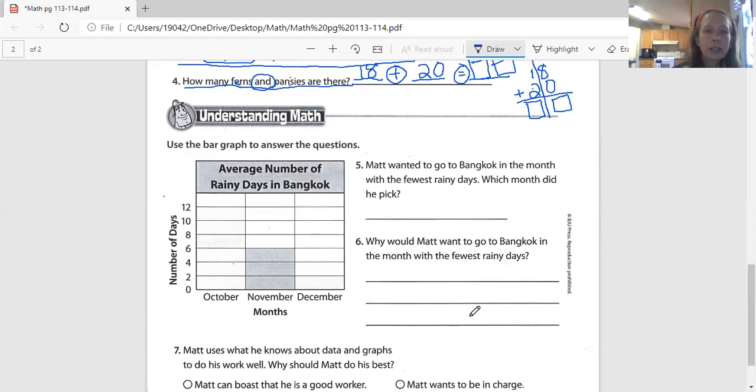Okay, if we read the directions on the next part, it says, use the bar graph to answer the questions. You've got a bar graph again, and I'm going to take a look to make sure I can see it very well, and it doesn't look like on this paper that you can see it very well. So let me fix it up.